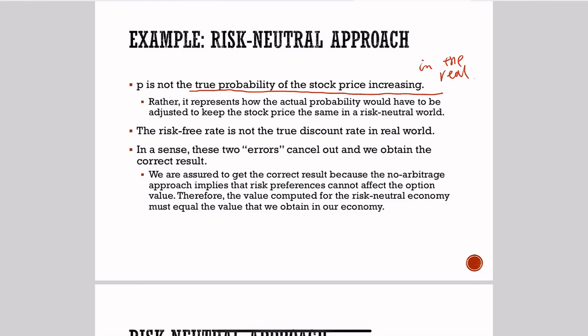So you can see that in some sense, risk neutral probability and the risk-free rate are not the correct numbers to use in the real world. But the interesting result is these two incorrect usages will just cancel out with each other and we will obtain the correct result.